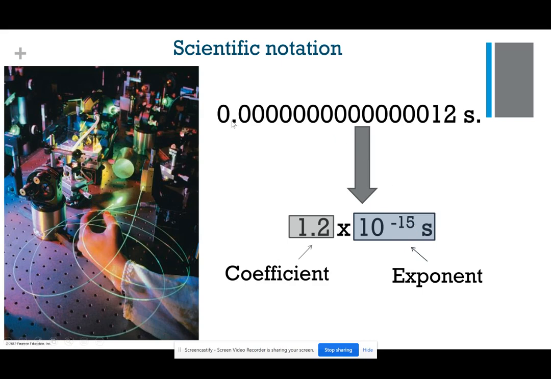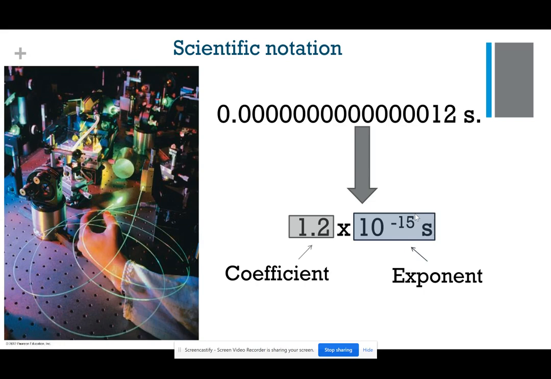So if I were to do this one, I moved it over 1, 2, 3, 4, 5, 6, 7, 8, 9, 10, 11, 12, 13, 14, 15 spaces. So I'm telling the viewer I moved it over 15 spaces. And because I moved it over to the right, it's a negative exponent.